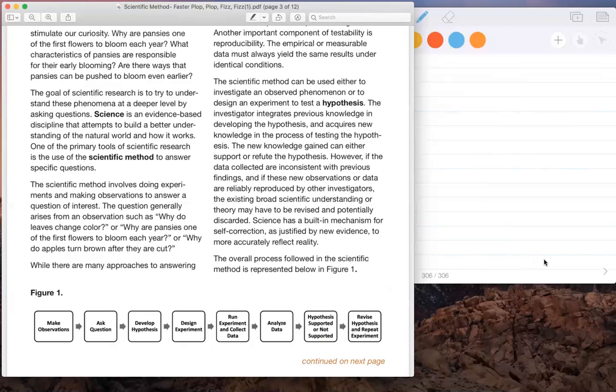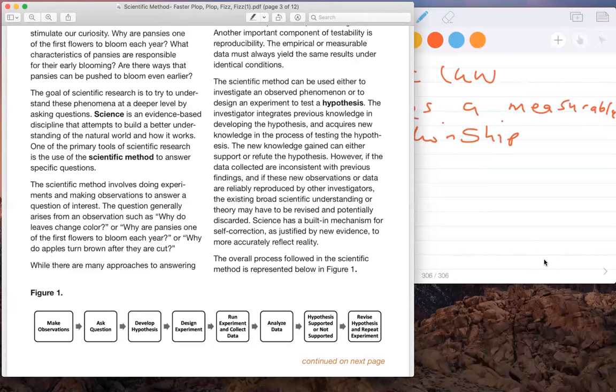Whereas a theory explains natural behavior. Maybe I should write here. A scientific law states a measurable relationship.